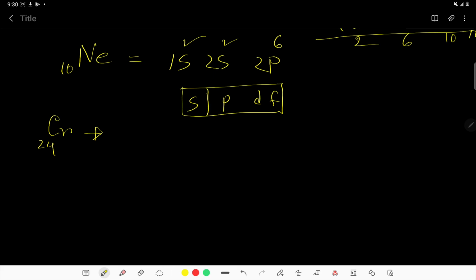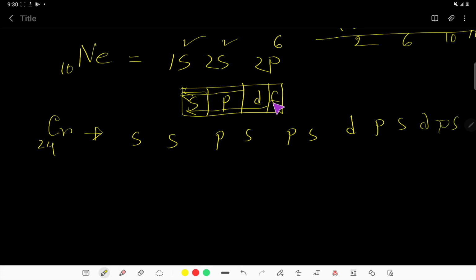At first you have to write S twice, then PS twice, then DPS twice, then FDPS. You can write FDPS any number of times. So 24: 2, 4, 10, 12, 18, 20, 24.